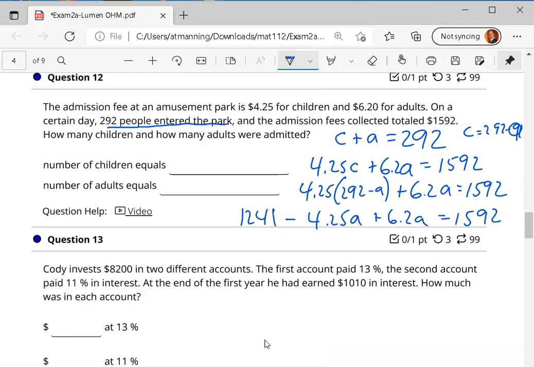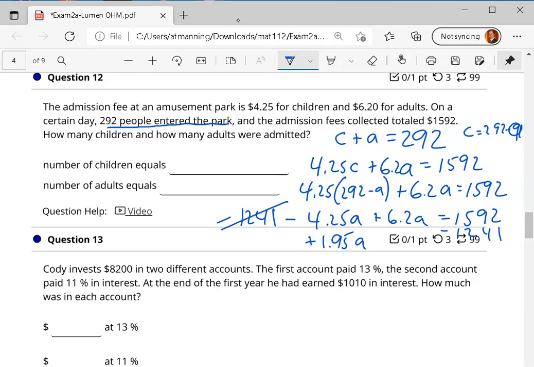So that there is 1.95a. Well, 1241 plus 1.95a equals 1592. Let's subtract 1241 from both sides. Minus 1241 will cancel out that.